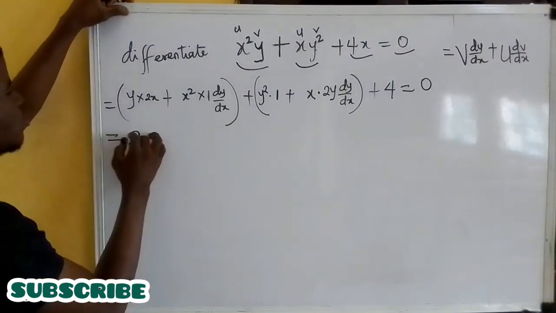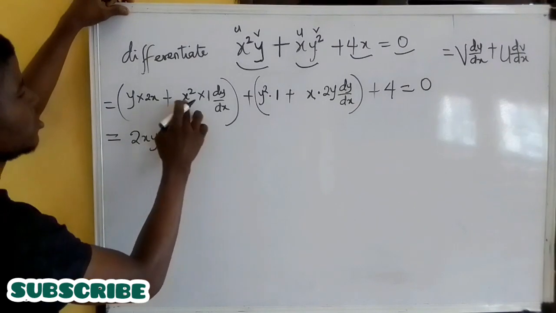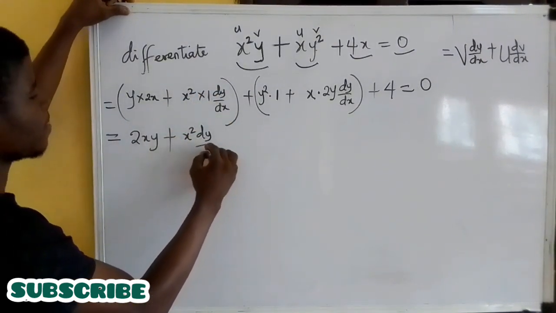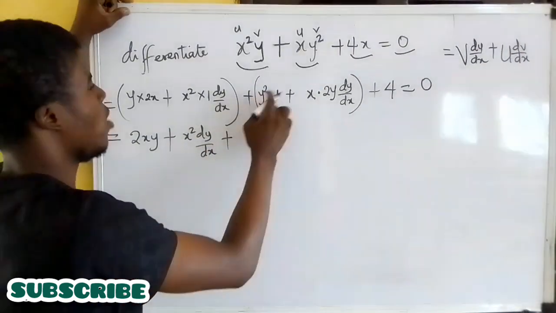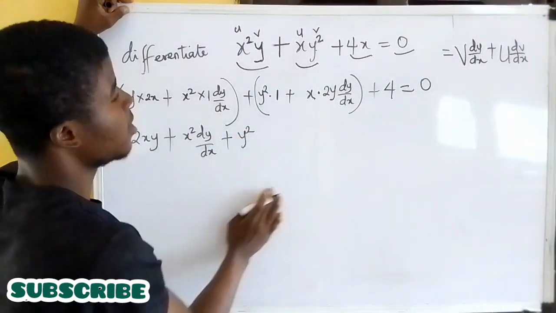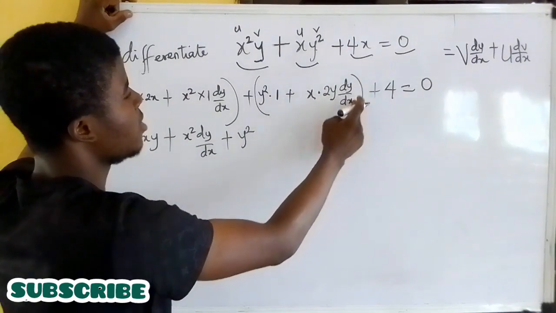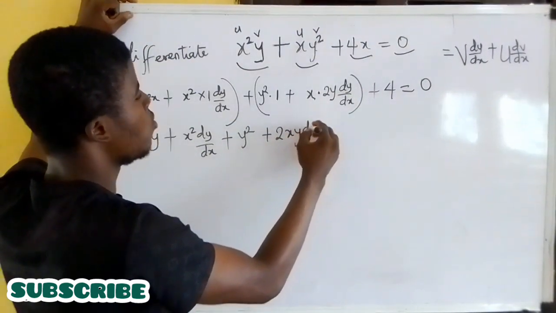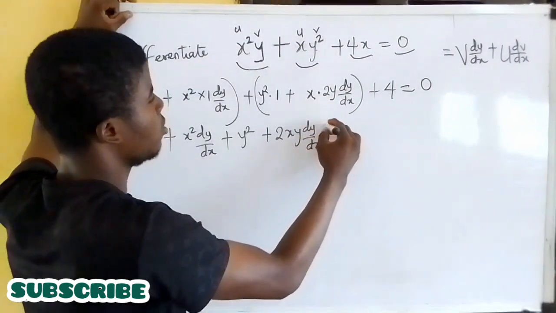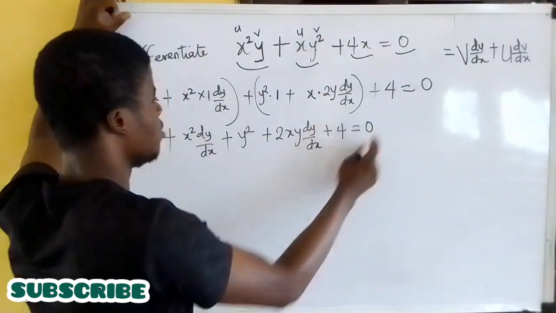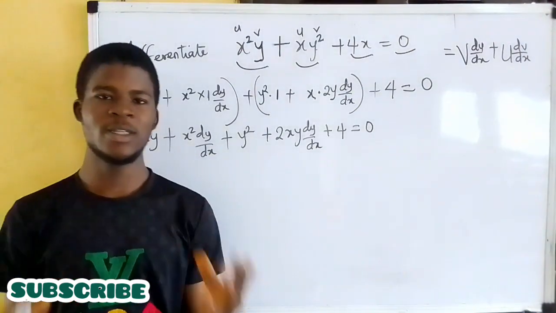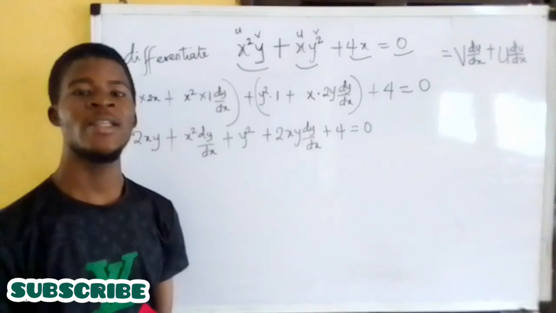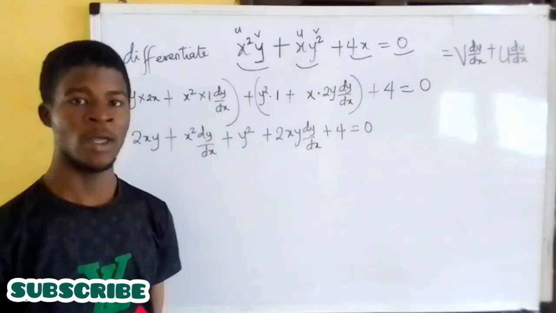So let's simplify. Y times 2x is 2xy plus, this is x squared dy dx, plus y squared times 1, that is y squared. Then x times 2y dy dx, that will be 2xy dy dx plus 4 equal to what? 0. So to get the derivative of y with respect to x, we'll simply make dy dx the subject of the formula.